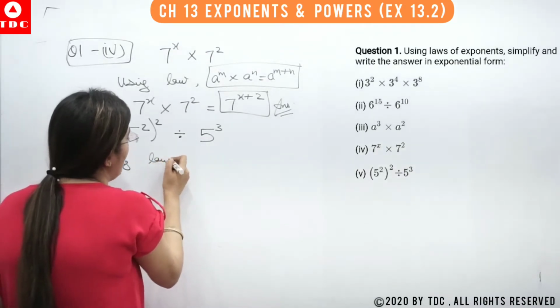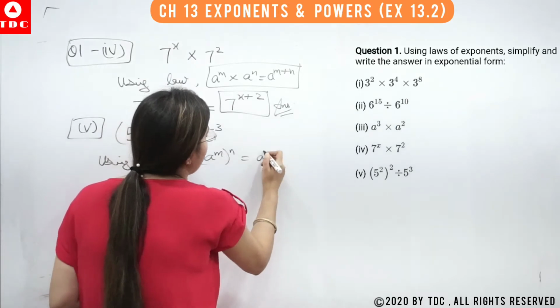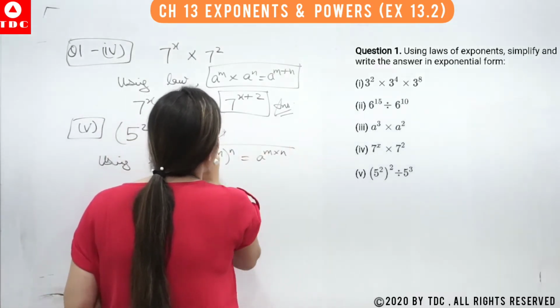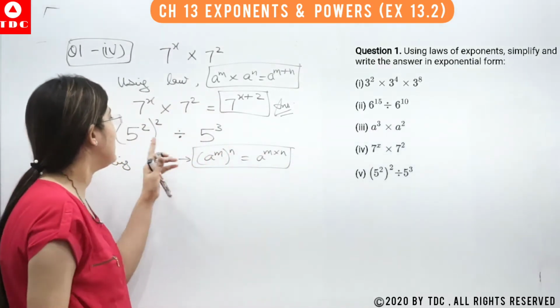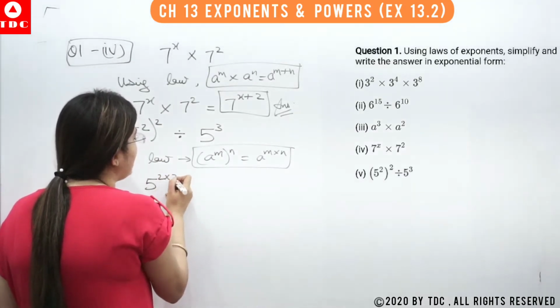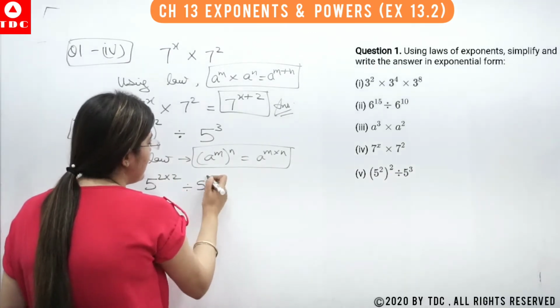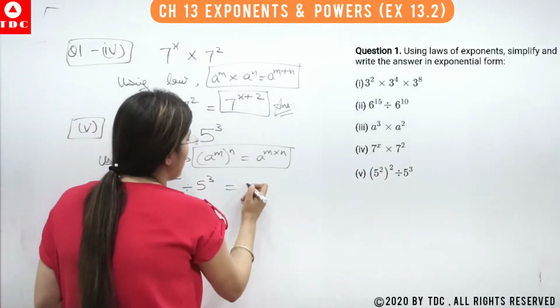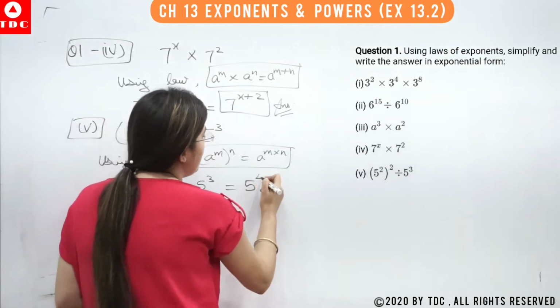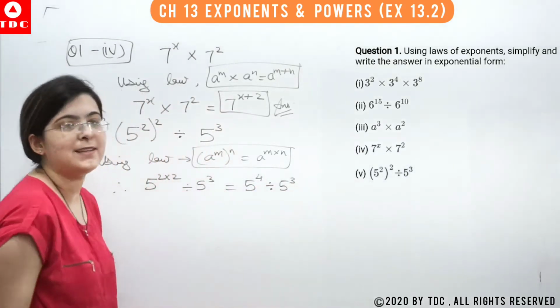Using law a to the power m, whole to the power n, the powers will be multiplied. So first we will use this law. So it will become 5 to the power 2 into 2. The powers will be multiplied. Therefore the question becomes 5 to the power 4 divided by 5 to the power 3.